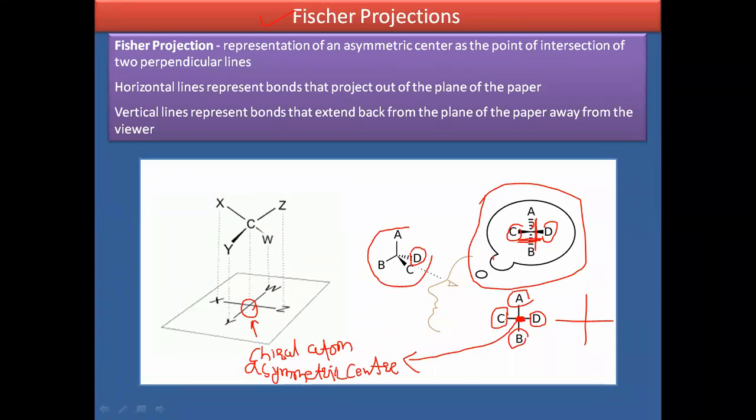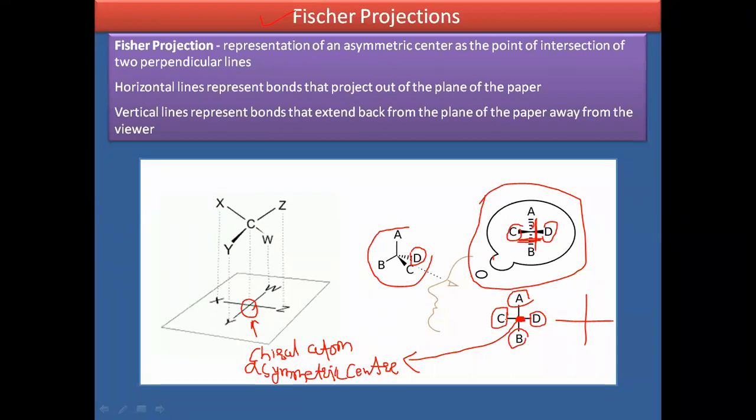The intersecting point is indicated as an asymmetric carbon atom, and that asymmetric carbon atom lies in the plane of the paper. Whereas the horizontal lines indicate the groups or bonds present on horizontal lines are above the plane, meaning nearer to the observer when observing the particular structure in 3D.